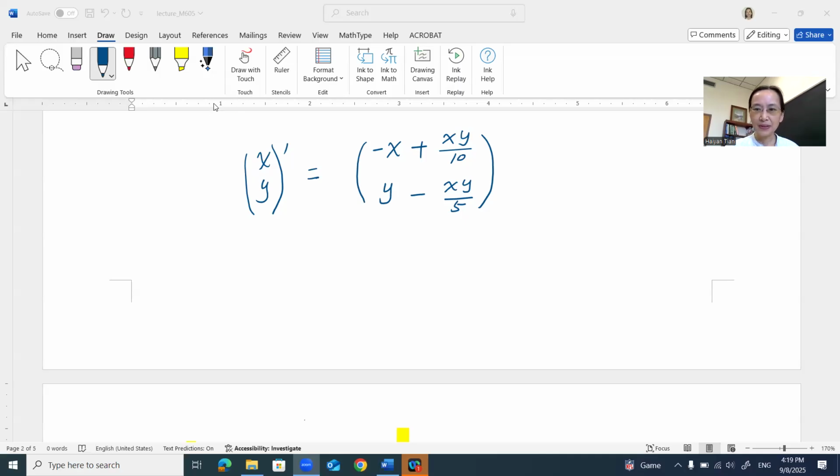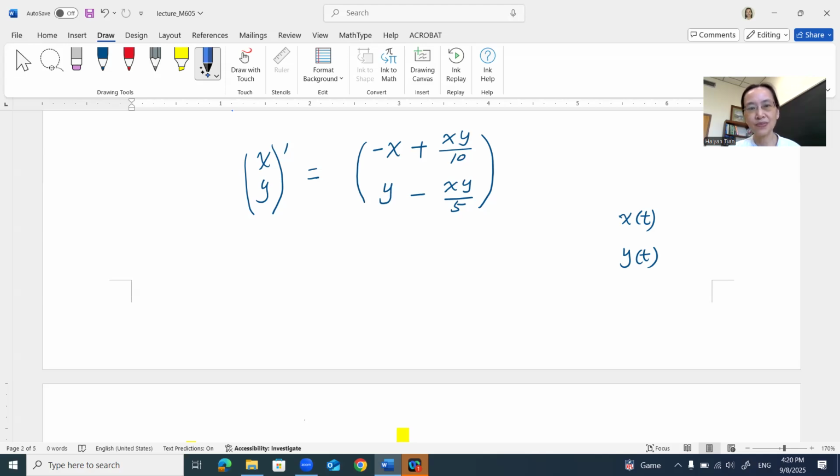This is a population model we already know. We've seen it before. So X, Y, these two are functions of T, but I do not always write X parentheses T. When you see the derivatives, you know this prime in this equation means rate of change with respect to time.